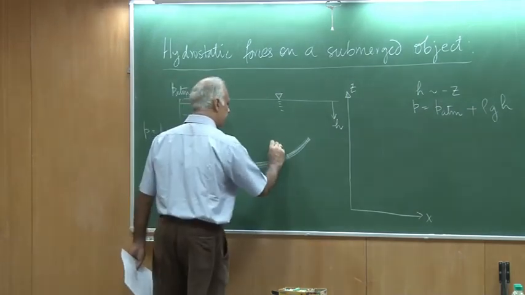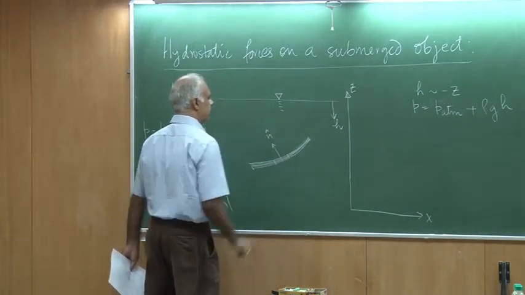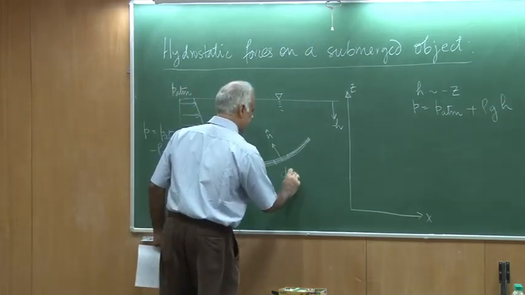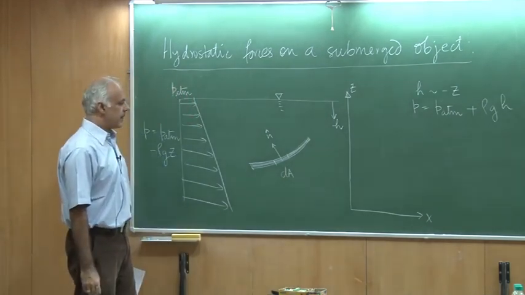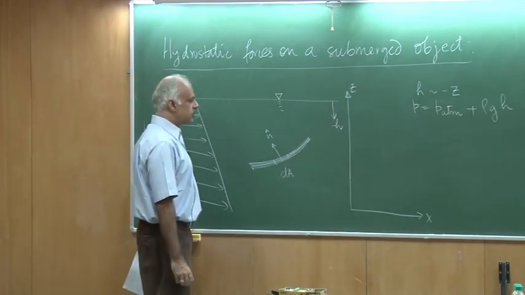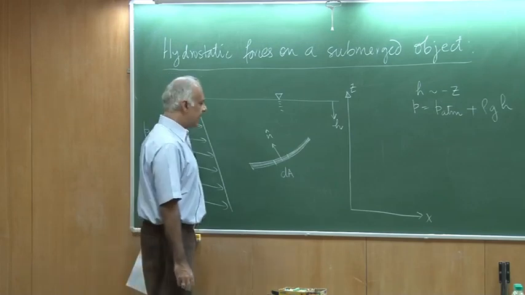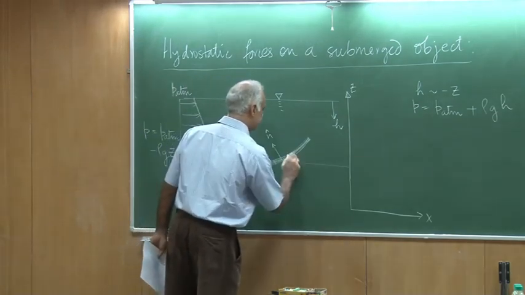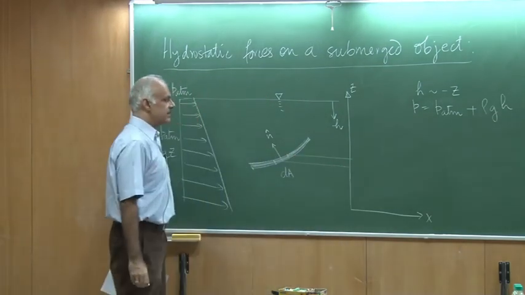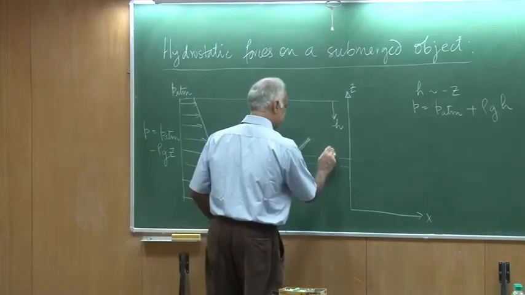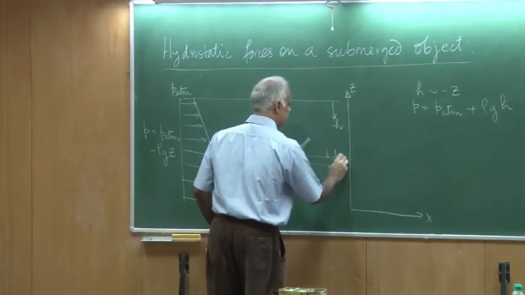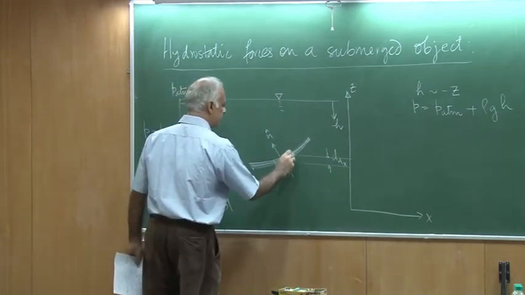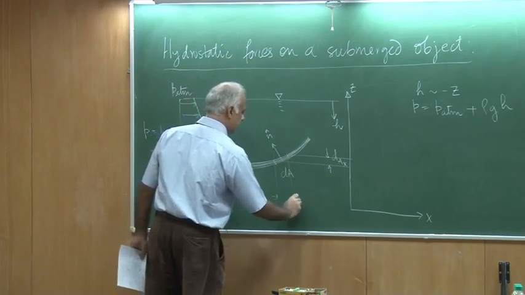So let me choose a small area. There is a unit normal, and I could talk about this area dA. This area would have a projection along the x direction and a projection along the z direction. So this projection I am going to call dAx, and similarly this projection I am going to call dAz.